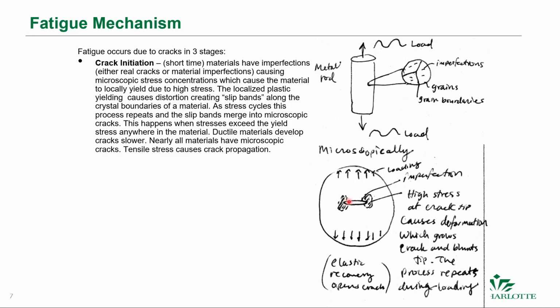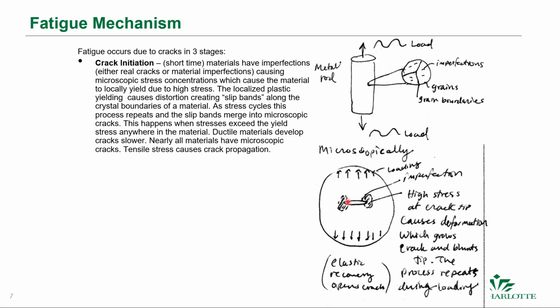That deformation causes the crack to grow and blunts the tip, which can help mitigate its propagation. But then under a cyclical load, again, it causes that crack to deform and grow. And when it comes back down, you have elastic recovery in the material, which opens that crack up again.